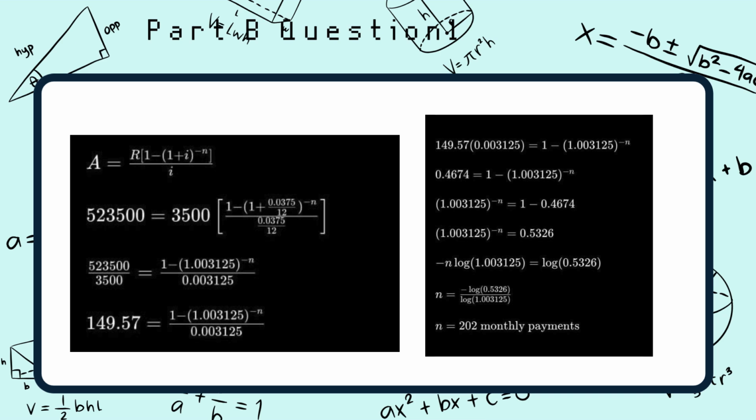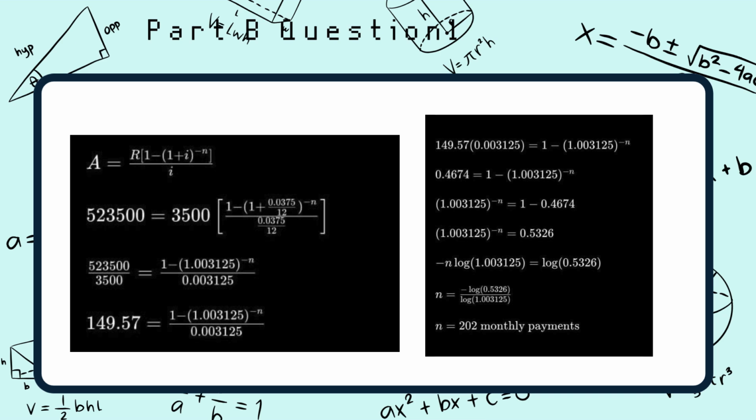We multiply that, we got 0.4674 equals 1 minus 1.003125 to the power of negative n. And then we got 1.003125 to the power of negative n equals 0.5326.